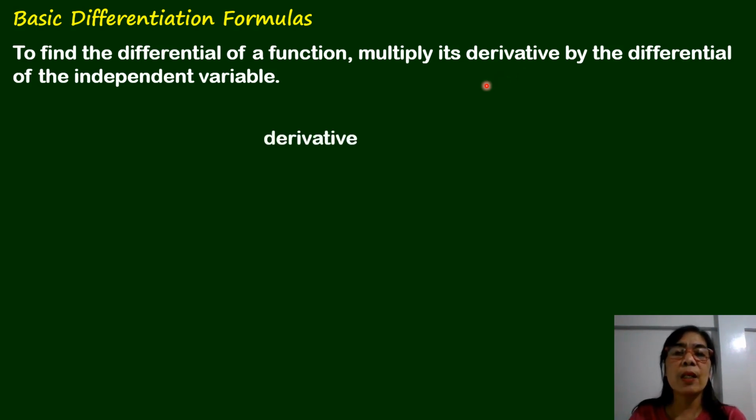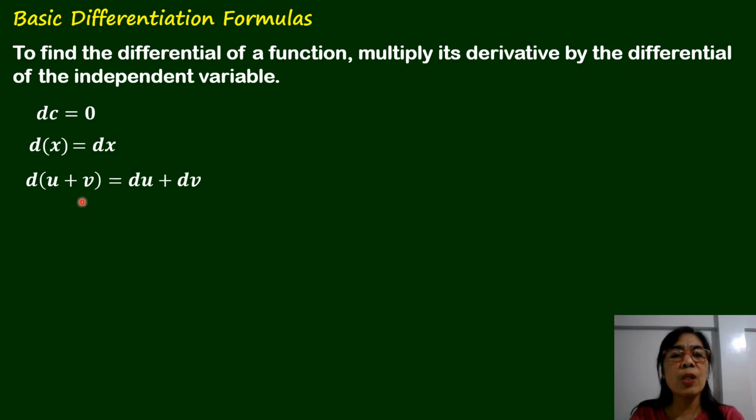So that if in the derivative, our operator is the symbol d over dx, in the differential, the operator is just a small letter d. For example, if we are to find for the differential of a constant, that will be equal to 0. The differential of x is simply written as dx.